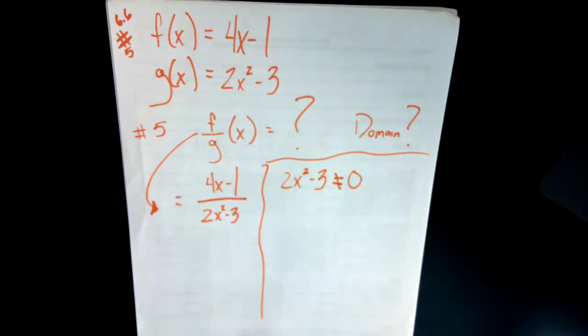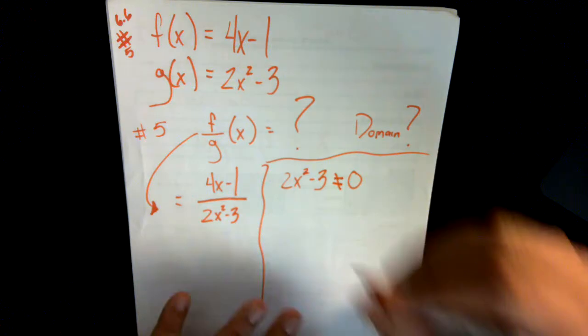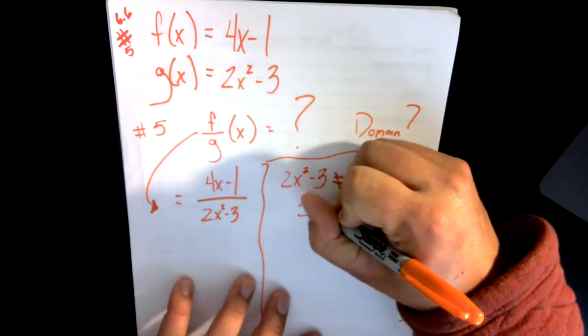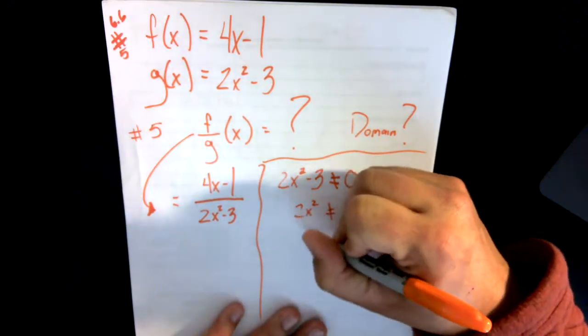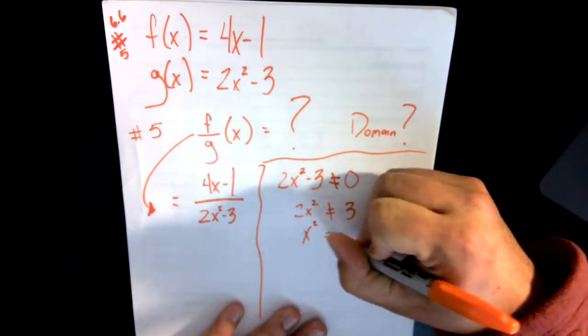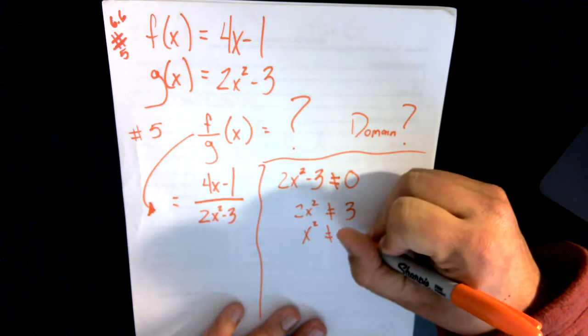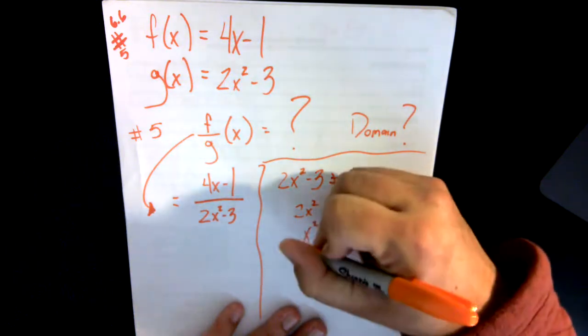So 2x squared minus 3 is not allowed to be 0. So then 2x squared is not allowed to be 3. Divide each side by 2. X squared is not allowed to be 3 halves. Square root both sides.